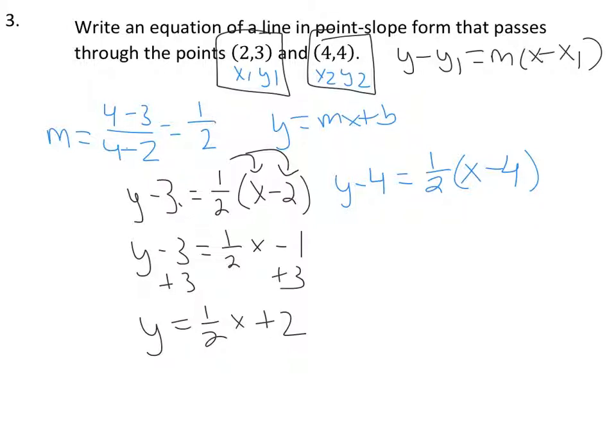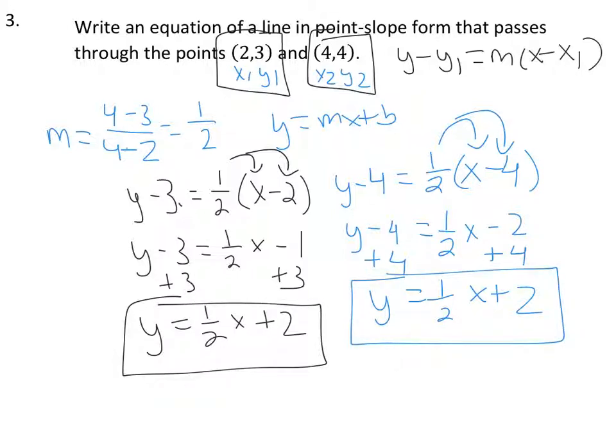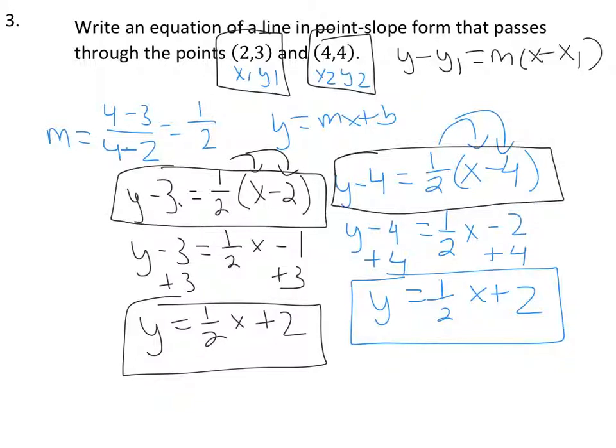If I do that over here now, distribute the 1/2, you get y minus 4 equals 1/2 x minus 2. Add the 4. So see how you can go from point-slope form to slope-intercept form, and they end up as the same answer. So either of these are correct point-slope form.